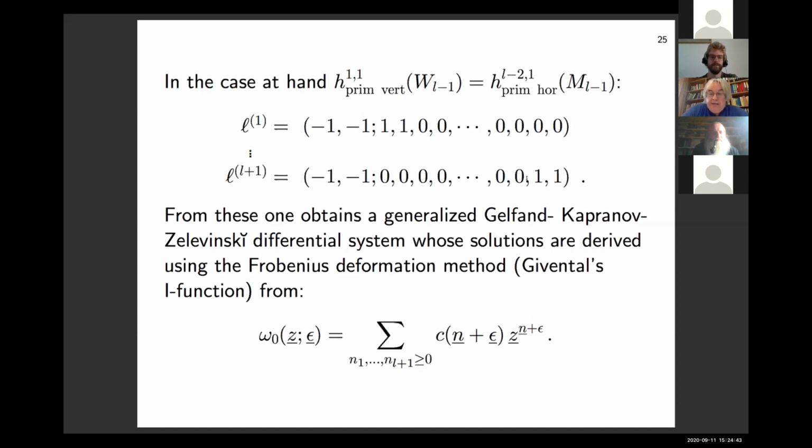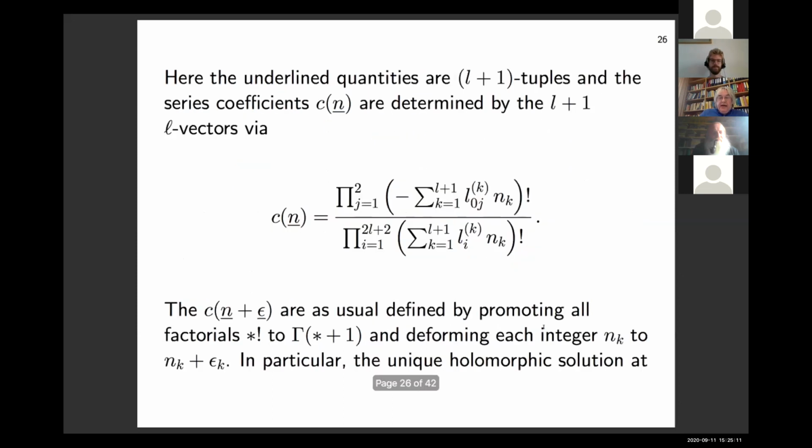And using the Frobenius deformation method, or what is now sometimes called in this context Givental's I function, because he has proved it on the mirror side, we can write down this expression here. And this expression, you see, has a deformation parameter, which I call epsilon, or rather L+1 deformation parameters, which I call epsilon underlined. Here should also be underlined. And from that, you can get all the solutions.